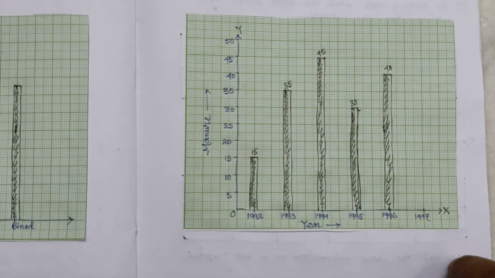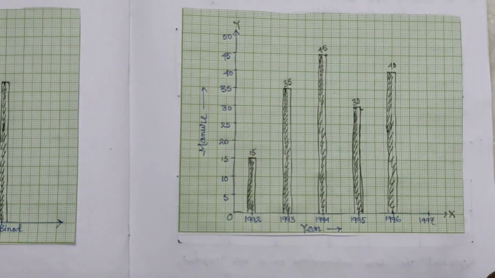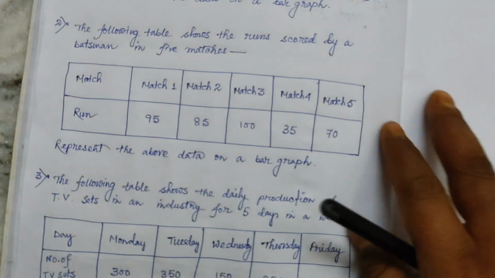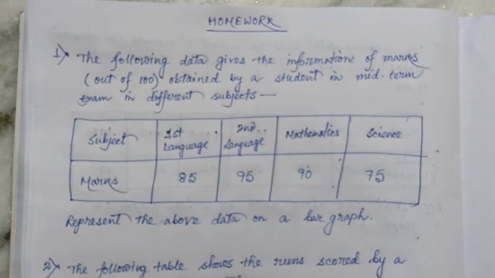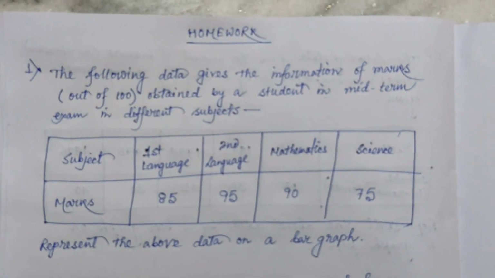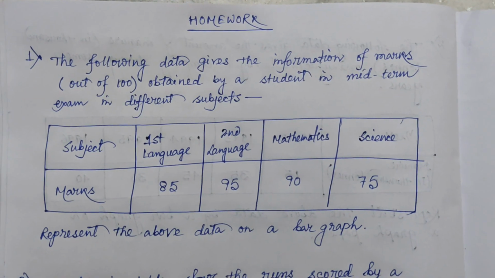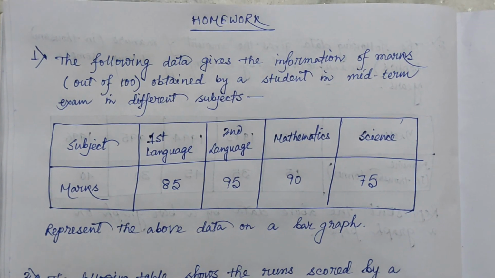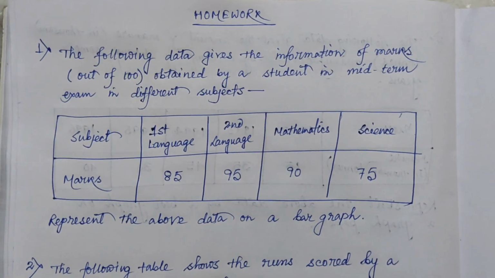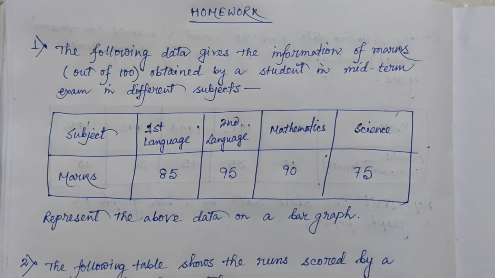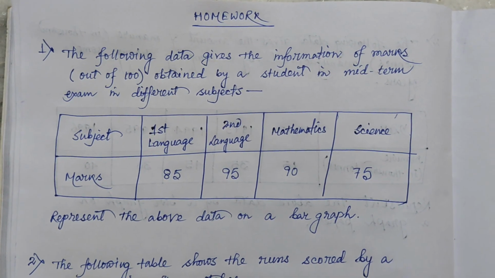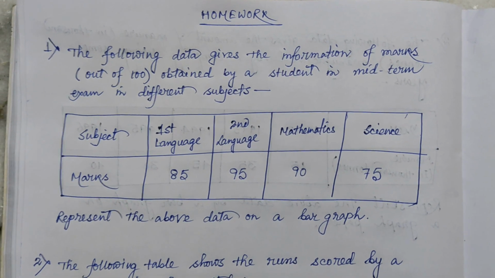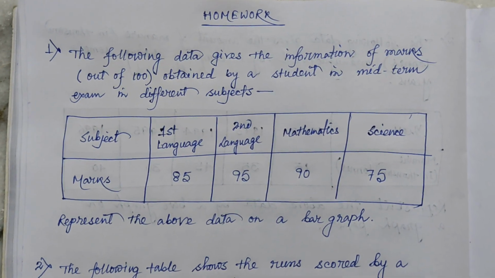Now you have to do some homework. You can see here, number 1, the following data gives the information of marks out of 100 obtained by a student in the midterm exam in different subjects.